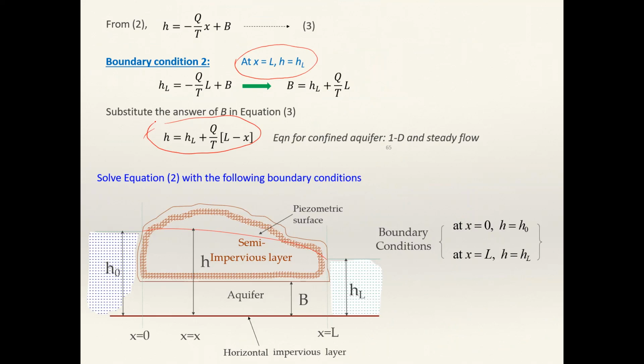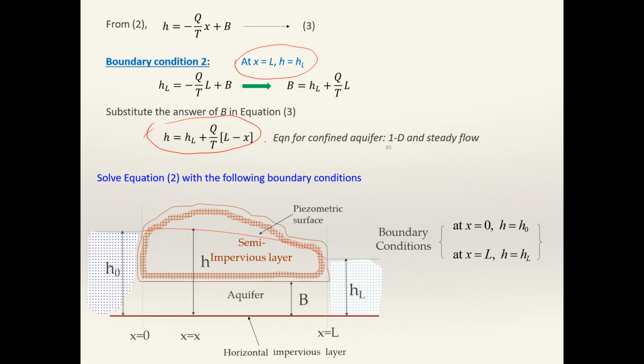Now, you need to remember what assumptions we made to get this equation. We assume that flow is steady, unidirectional, homogeneous, no pumping, no abstraction. These are the assumptions we made. Okay. So these are two sets of boundary conditions.